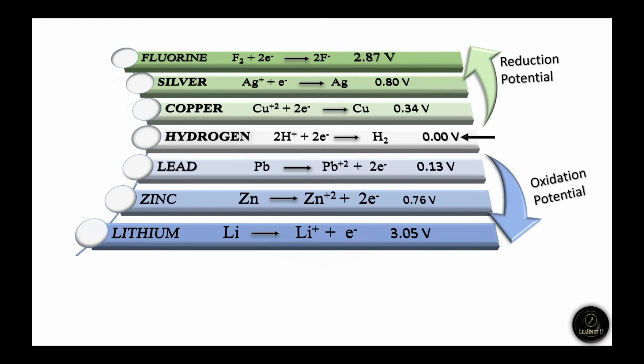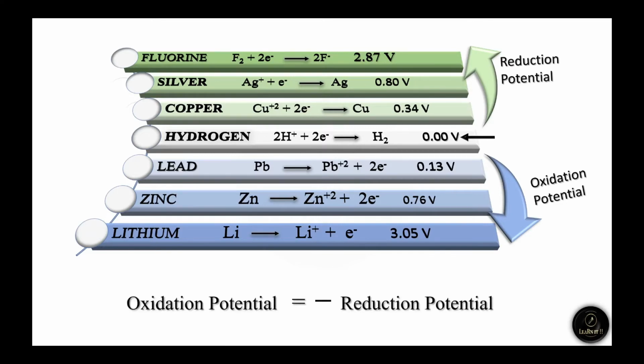So here, if we analyze, lithium is having the highest standard oxidation potential value. So this is one of the reasons why lithium batteries are efficient energy storage devices. So as to curb the confusion of standard reduction potential and standard oxidation potential, we convert all the oxidation potential values into the negative of reduction potential.